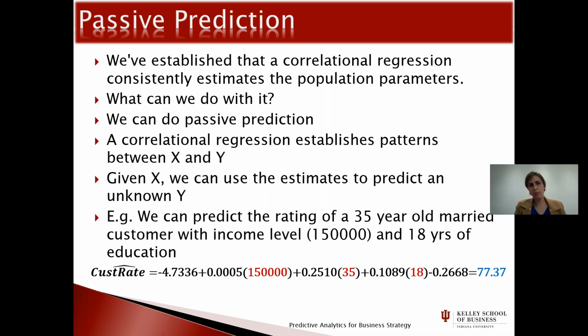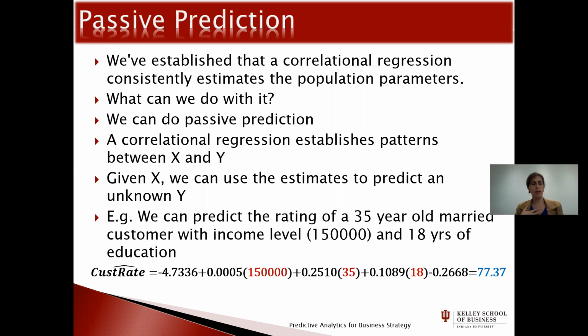So once we run this correlational regression, we're going to use it to make a prediction. We're going to say, for instance, if I have a customer who looks like that, has a certain income, age, level of education, and is married, what do I predict that the customer rating of my product is going to be? How do we do that prediction? And again, this is a question in your homework.